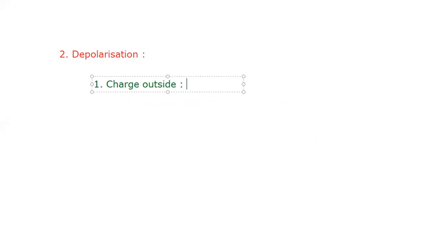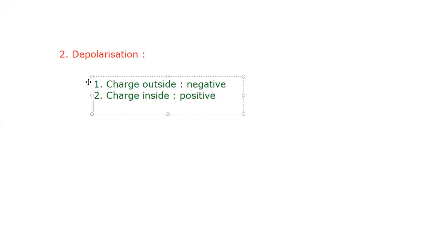I said it will become reverse, that means charge outside is negative. These are very important for NEET. Charge inside is positive. How much positive? We have the answer, plus 45, isn't it? Then depolarization, this is all possible because of what? Because of influx of sodium ions.